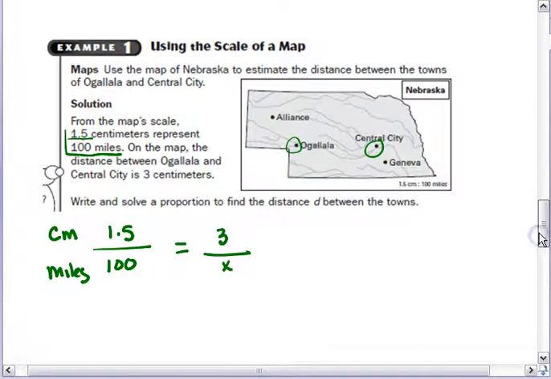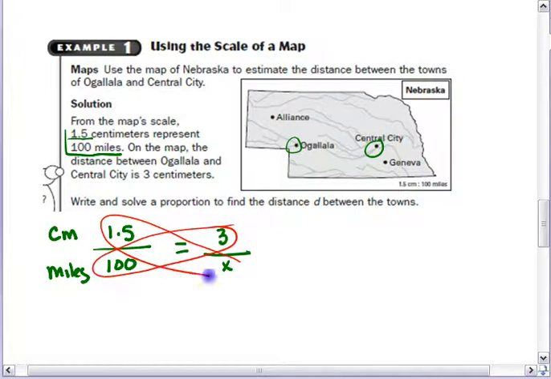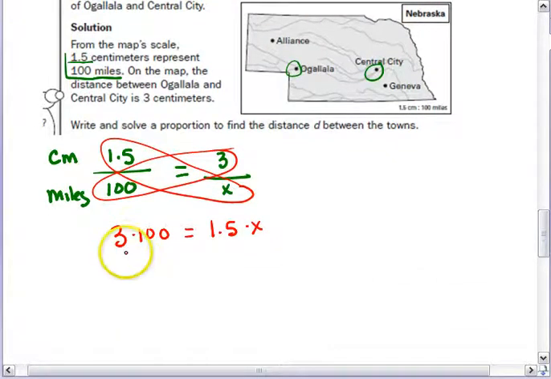And that'll tell me the distance. Again, I'm going to use cross products. So 3 times 100 should equal 1.5 times x. Let's simplify this side. I get 300 equals 1.5x.